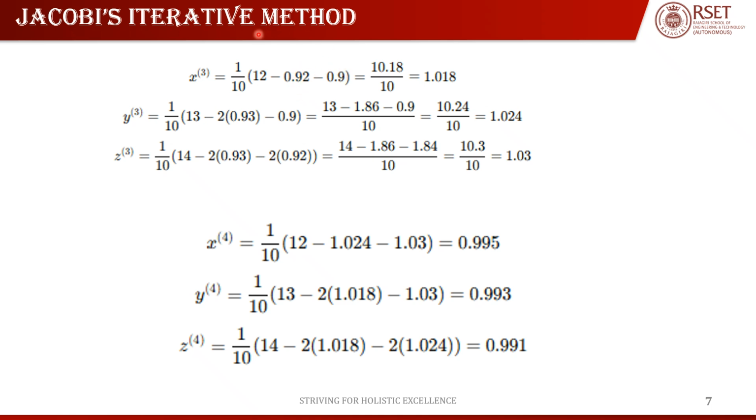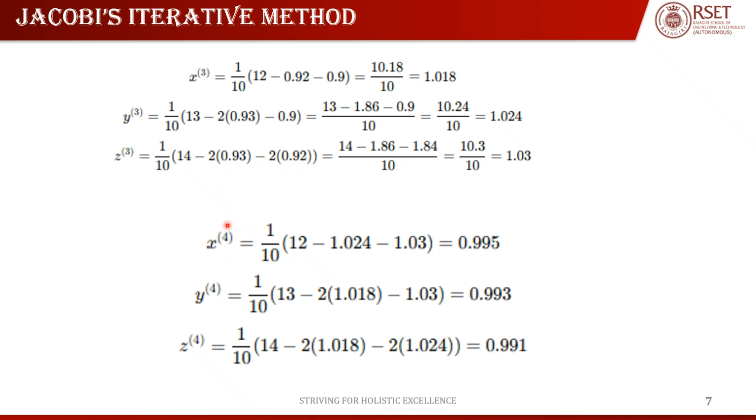Okay, and from the previous z value, in a similar way calculate x3, and you do y3 similarly from this, which is your x2, and this is your z2. To get y3 you will apply all values from the second iteration, and here also for z3 you just apply the values from the previous iteration, and then you have the value.